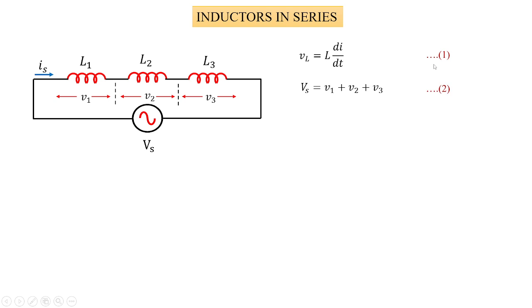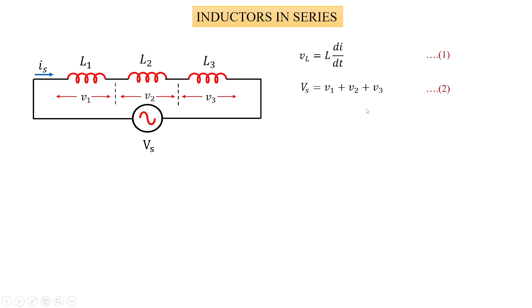With this equation 1, I'm going to make use of it in equation 2, such that the voltages developed across the inductors through a source can be obtained as Vs equals V1 plus V2 plus V3, or you can simply apply Kirchhoff's voltage law to get this equation 2.